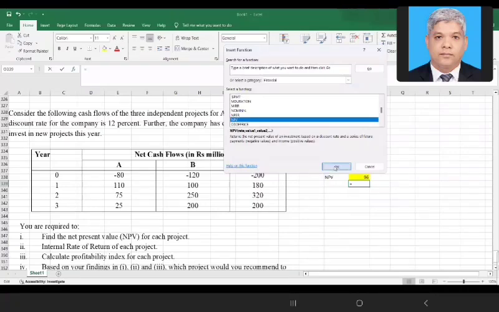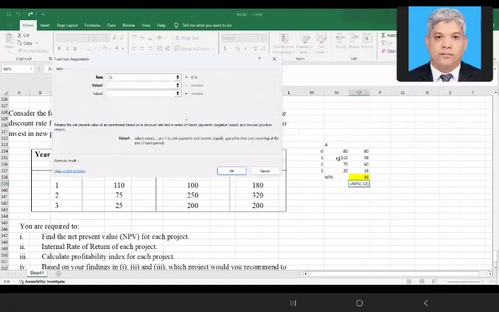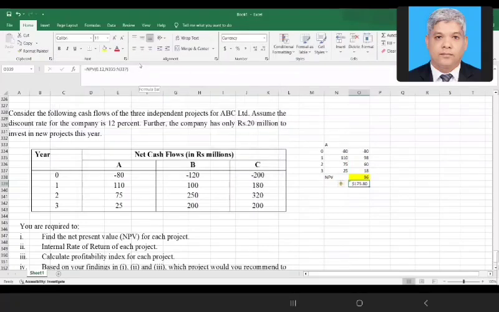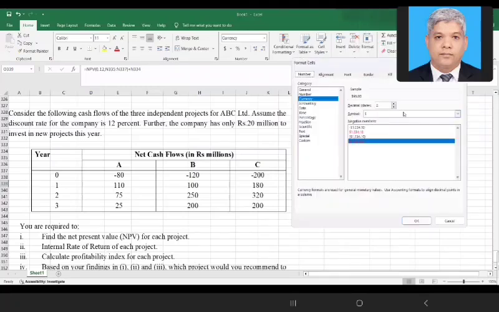Just click on that and put that rate 12 percent and the values are going to be here. Since we have already given a minus value, you can put the plus value, then 95, right? So that also gives the same answer.